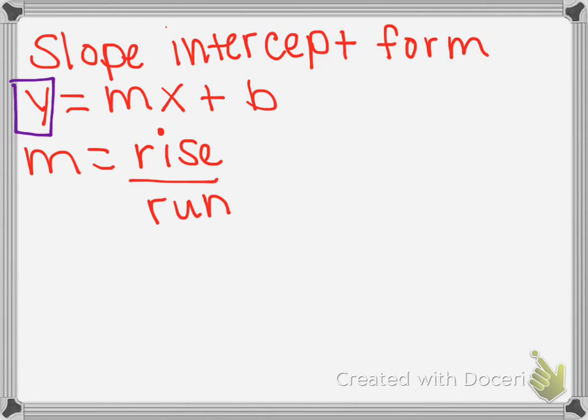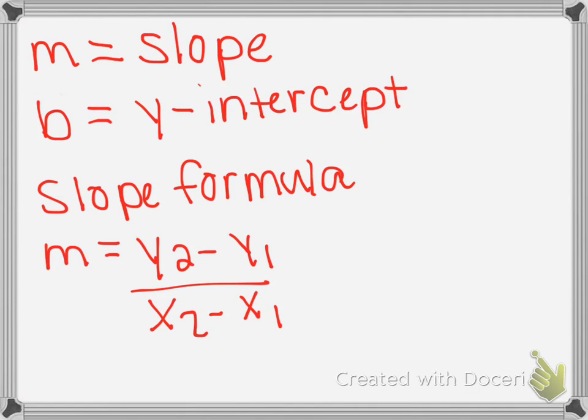Another thing to think about with slope, m, it's rise over run. If we go back and look at the formula y2 minus y1 over x2 minus x1, the y's are your rise and your x's are your runs.